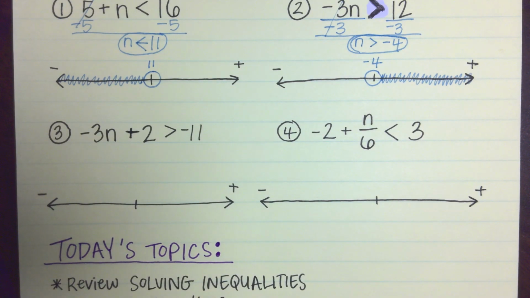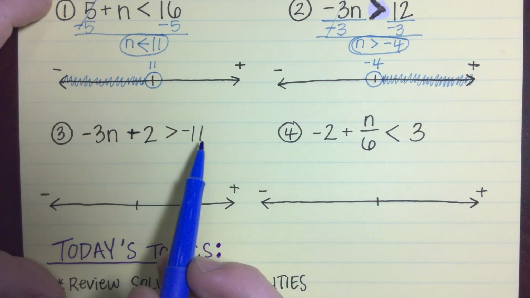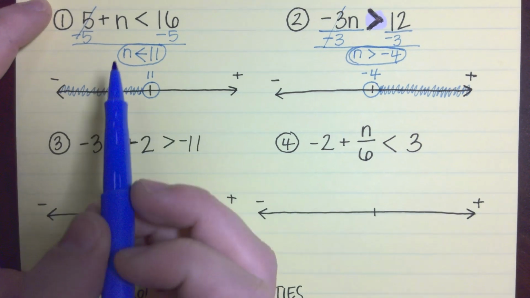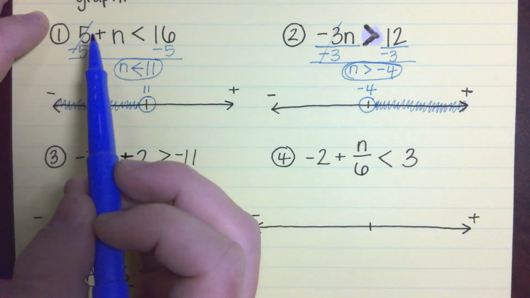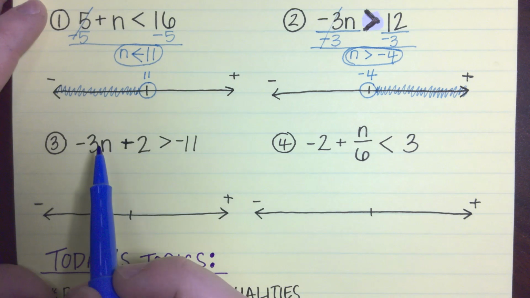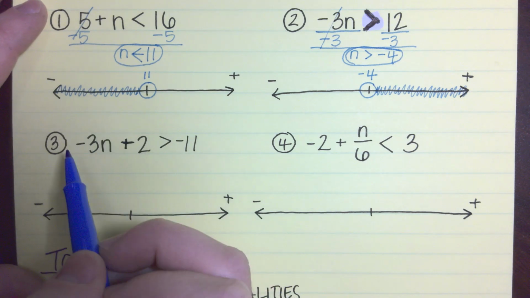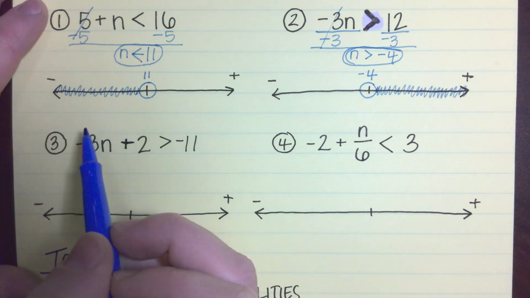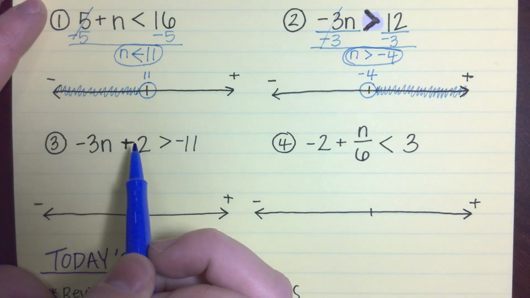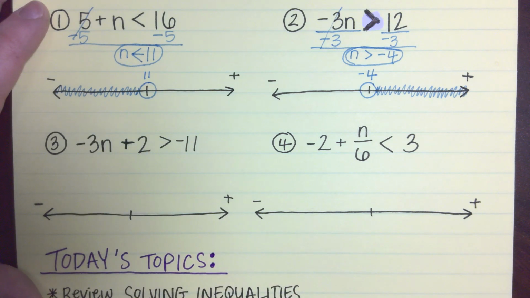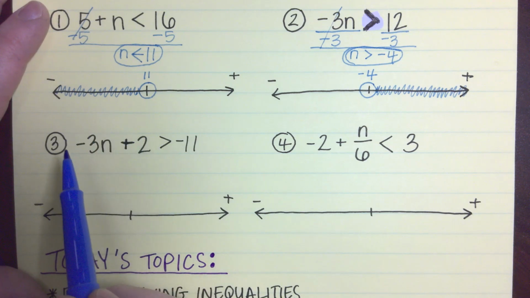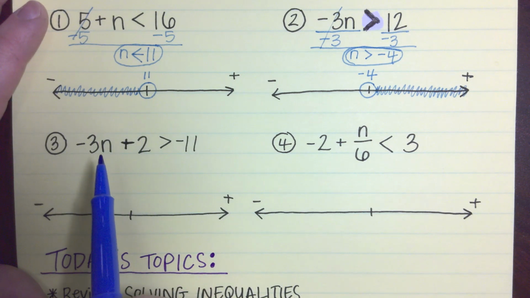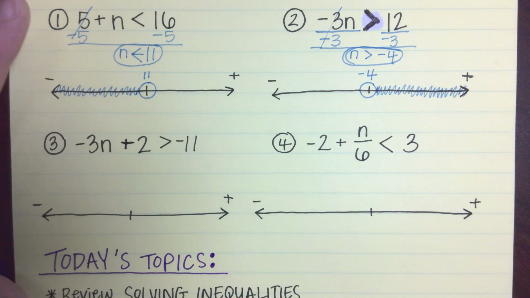Yeah. All right. In this inequality, I don't just have one step. I don't have one operation I'm undoing. I have multiple operations here. I've got a negative 3 times n, and I have negative 3n plus 2. So there is a specific order that we have to work backwards to get n by itself. Quick review of those rules and what order we go in.